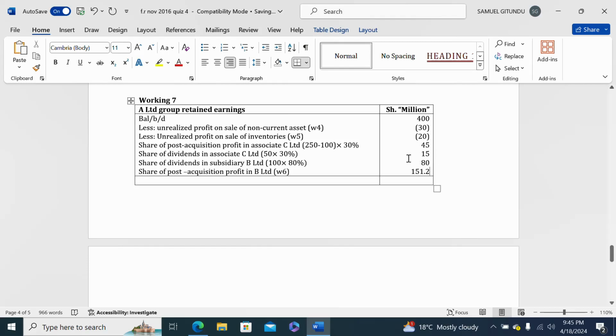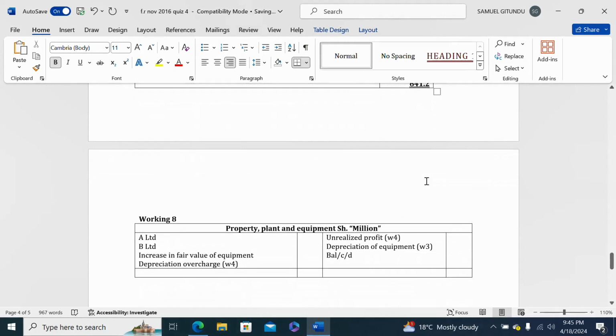If we add all of this, we get the group retained earnings as 641.2.